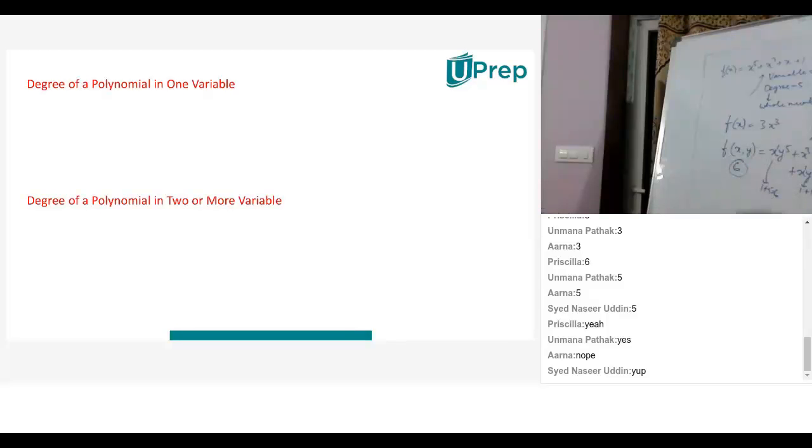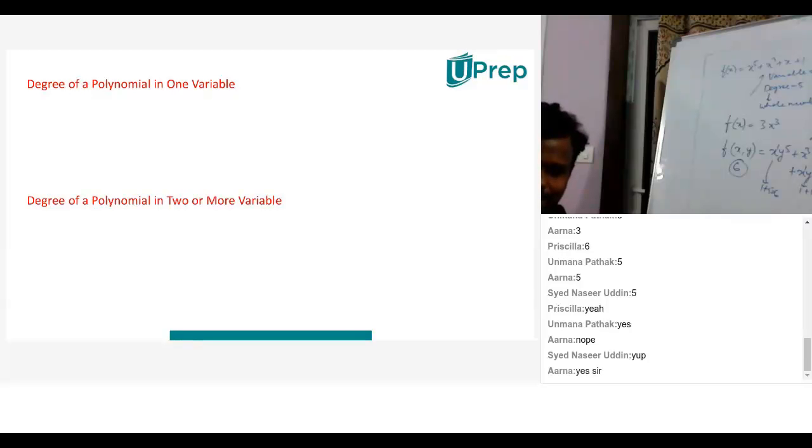X and y. So the degree will be when you add the powers of the variables in each term. These are terms, right? I have 3 terms here. When I add the powers of each of the variables in each of the terms, whatever is the highest number that I am getting, that will be its degree. Clear? Arna, is that clear? Okay.